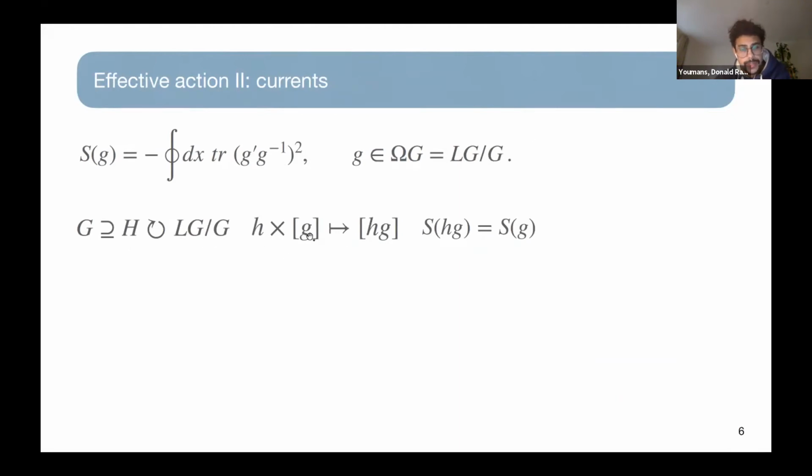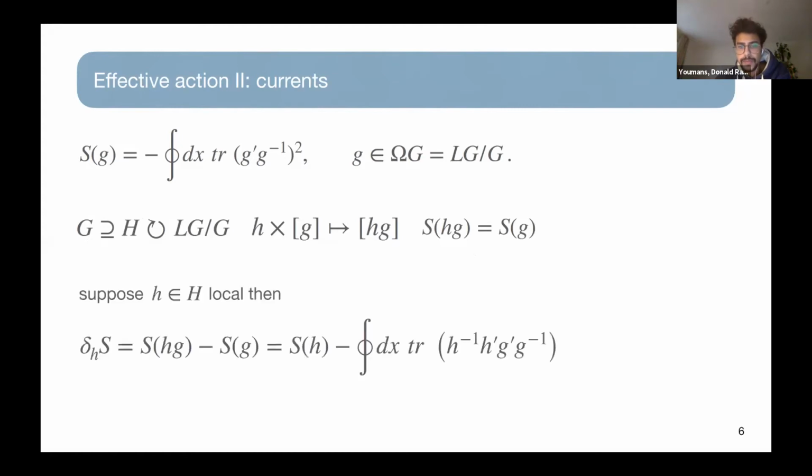It basically takes a class and sends it to the class of the product. And if H is just a constant, this little h here, then the action is invariant. So by Noether's theorem we get a current, and we could look at this current. Usually to find this current, we suppose that H is local.